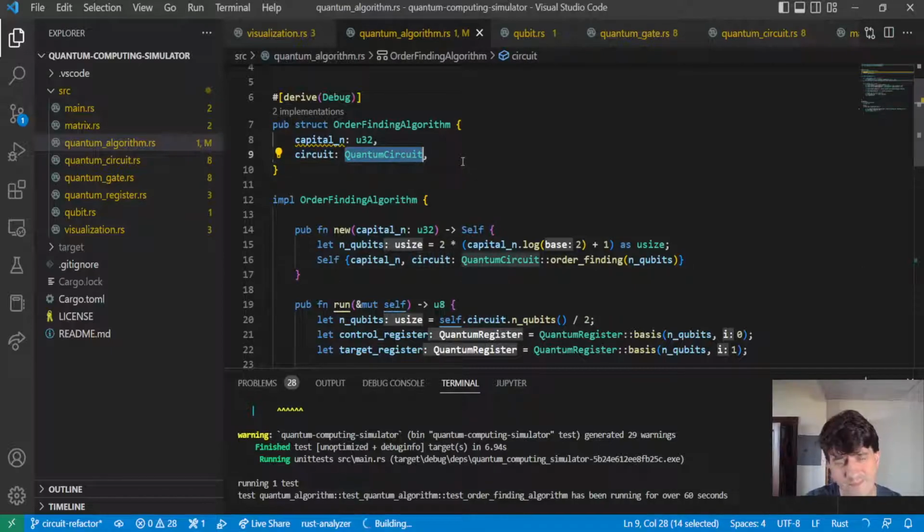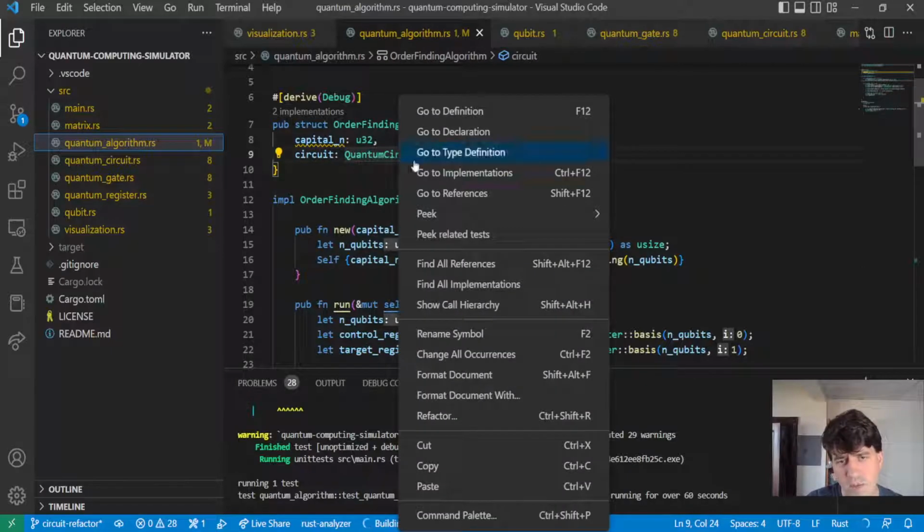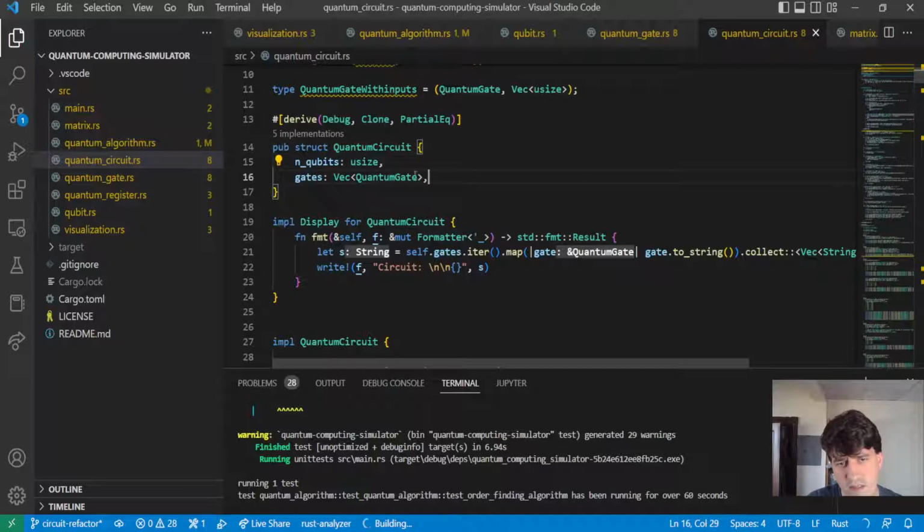But I mean, the thing is that quantum circuits, quantum gates, a vector of quantum gates, each of which is a matrix.